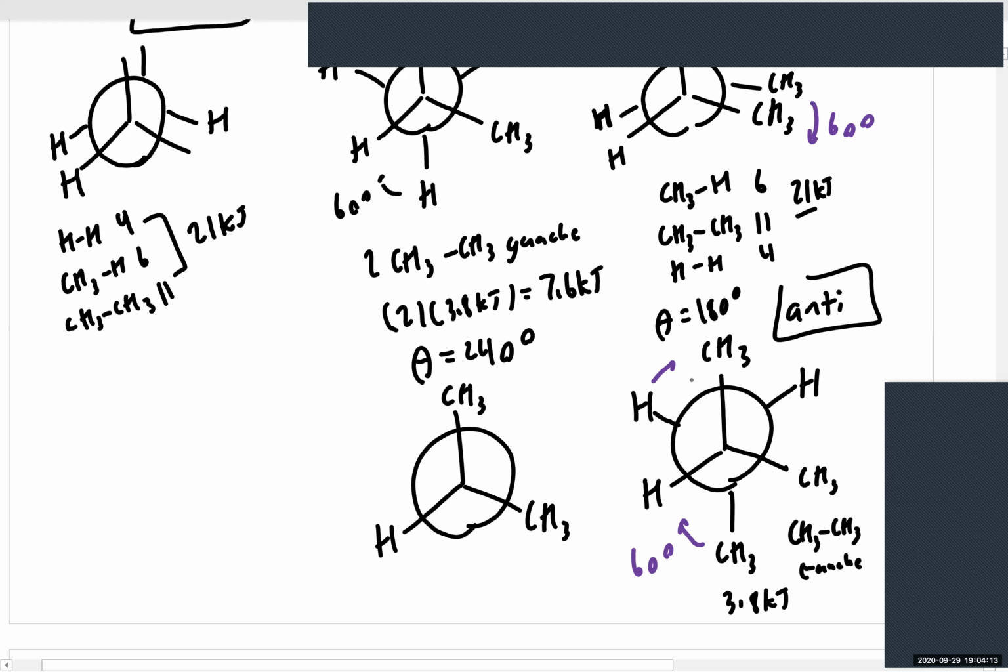Eclipsed, exactly right. So in this case, we have 3 methyl-hydrogen interactions, which in other words is 3 times 6 kilojoules, which gives us 18 kilojoules of strain.